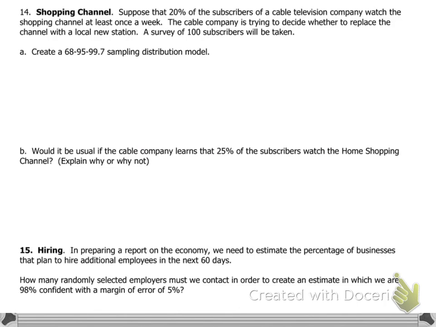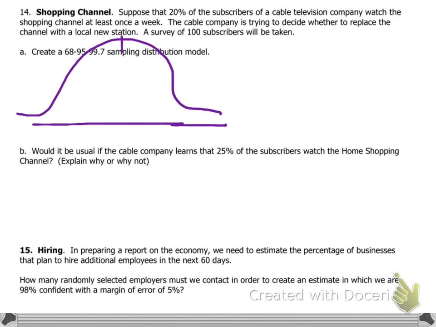Okay, here we're going to do the sampling distribution. So remember, you need to do this. So I have my horizontal line, my bell-shaped curve, my mean, which is my mean, my mode, my median, and it's 0.2.